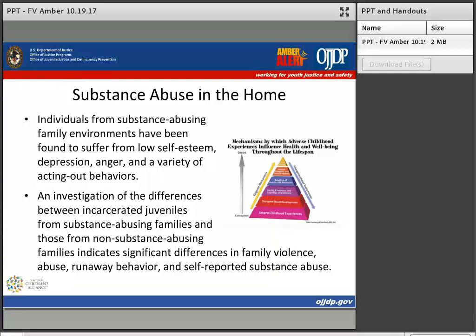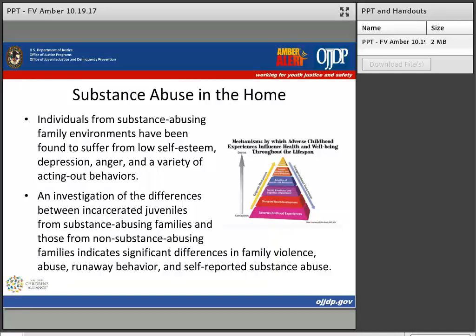Now you add to that issues related to substance abuse. We understand and know that issues such as low self-esteem, depression, anger, acting out behaviors are often seen in children that come from homes where substance abuse is the norm.